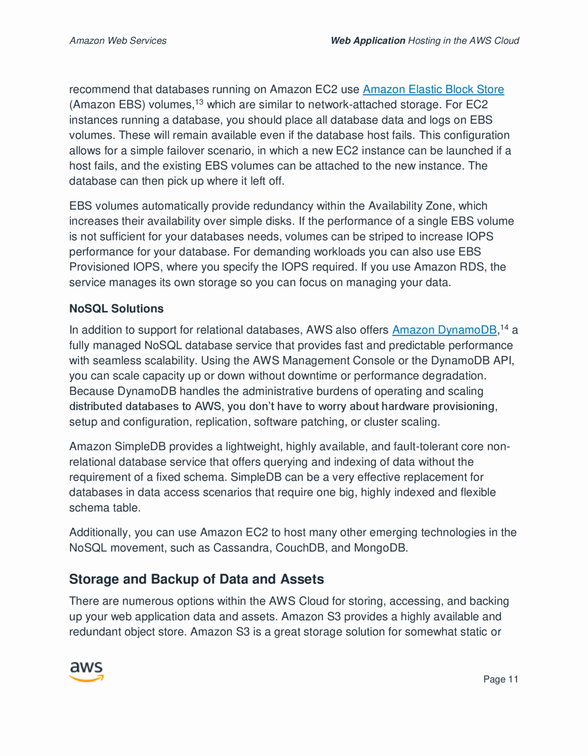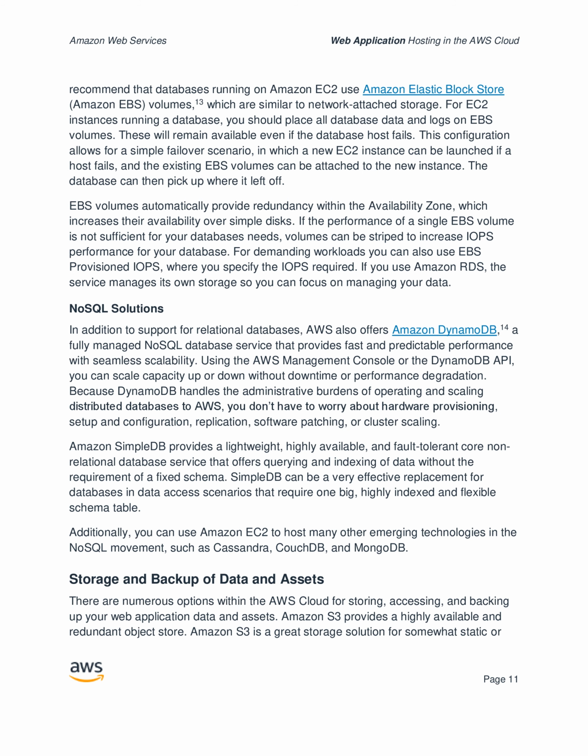For EC2 instances running a database, you should place all database data and logs on EBS volumes. These will remain available even if the database host fails. This configuration allows for a simple failover scenario, in which a new EC2 instance can be launched if a host fails, and the existing EBS volumes can be attached to the new instance. The database can then pick up where it left off.